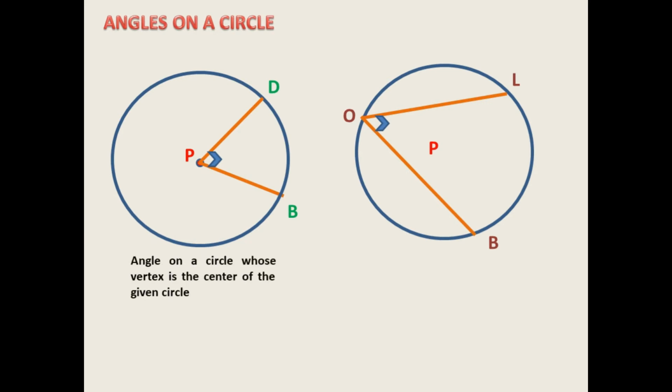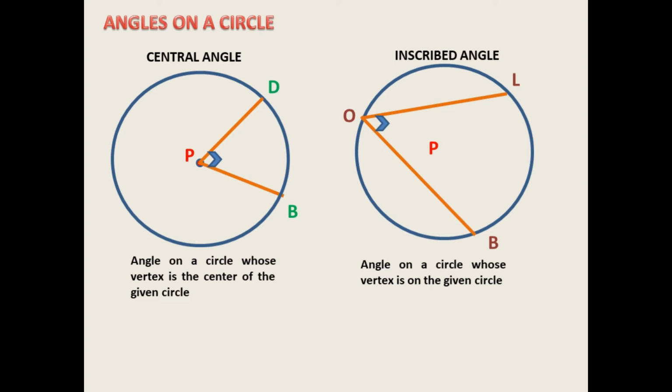If an angle on a circle has its vertex at the center of the given circle, we call this a central angle. While if an angle on a circle has its vertex on the given circle, we call this an inscribed angle. So therefore, angle DPB or angle BPD is a central angle, and its intercepted arc is arc DB.